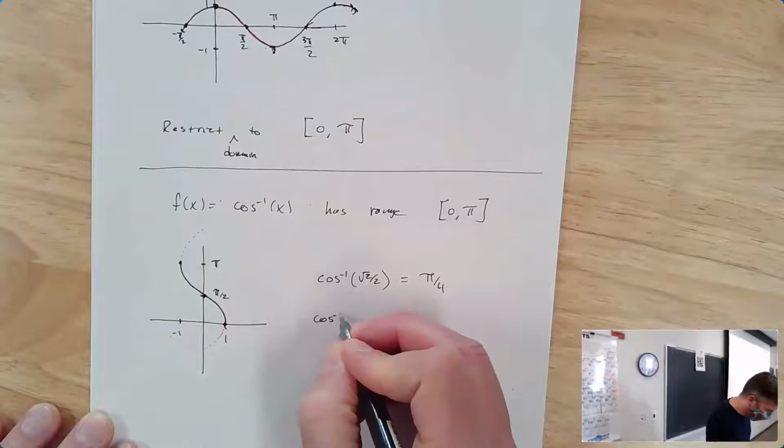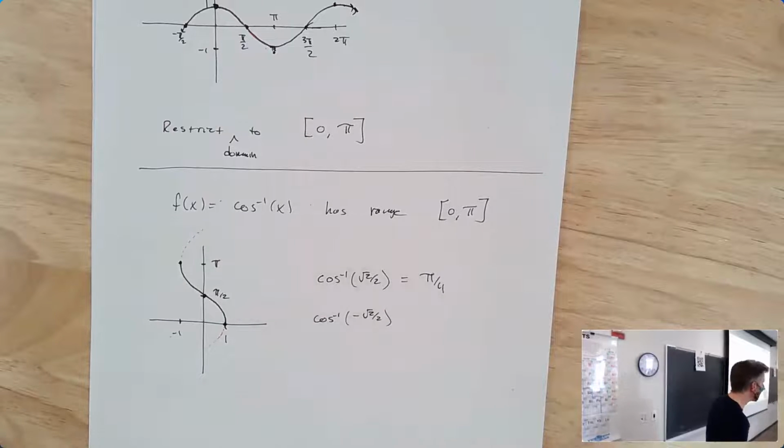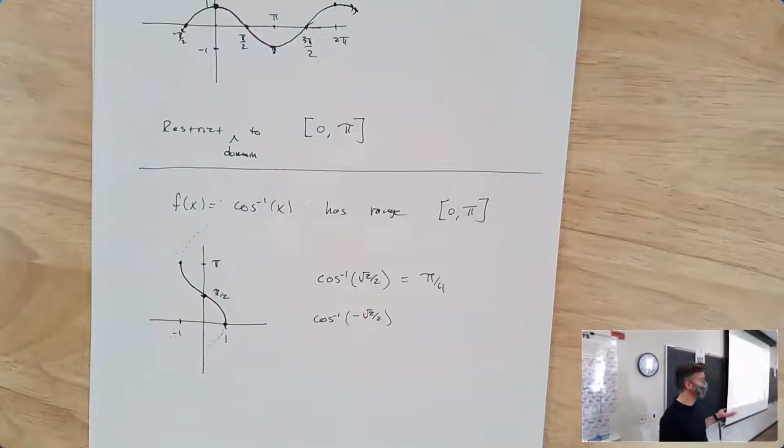Inverse cosine of negative √2/2. What's an angle between 0 and pi where cosine is equal to negative √2/2? I know the reference angle. It's pi over 4. What's the actual angle? 3 pi over 4, right? It's got to be the one that's in quadrant 2, because that's the only other quadrant we have to choose from.